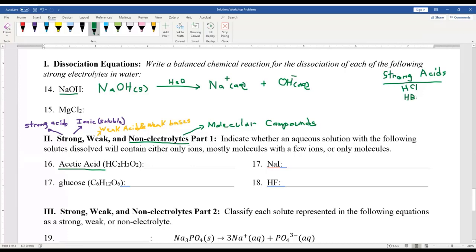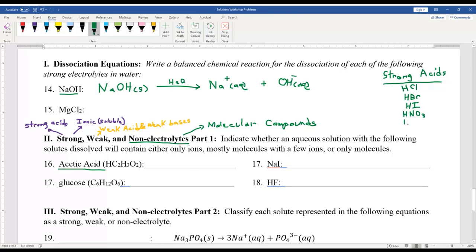HCl, strong acids. Let me write. HBr. Could you go back again, please? Sorry. Oh yeah, I'm writing it on the page. You can see it, right? Okay, so strong acids. HCl, HBr, HI, hydrogen iodide, yep, exactly.